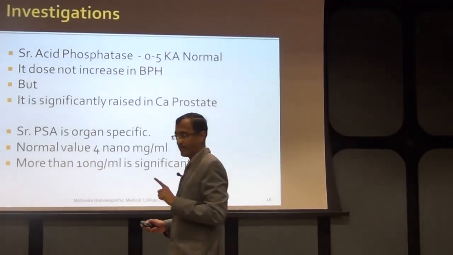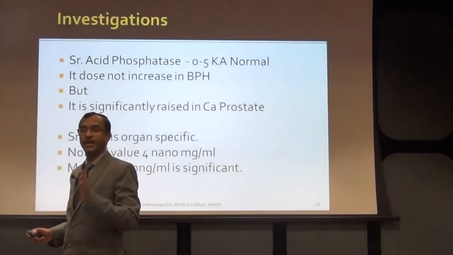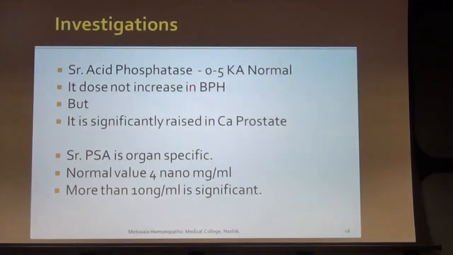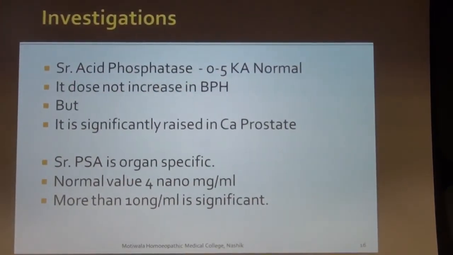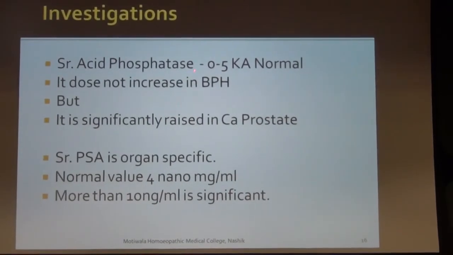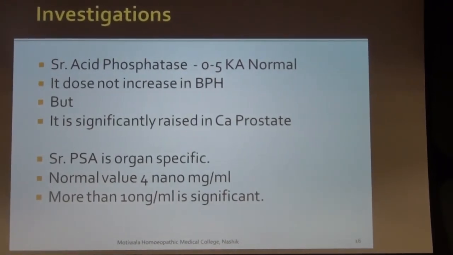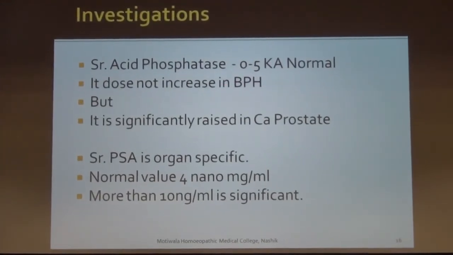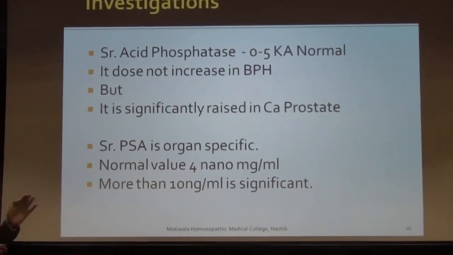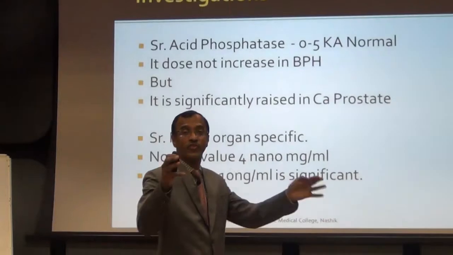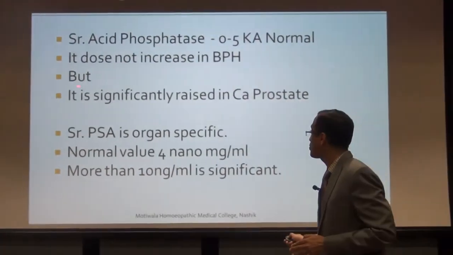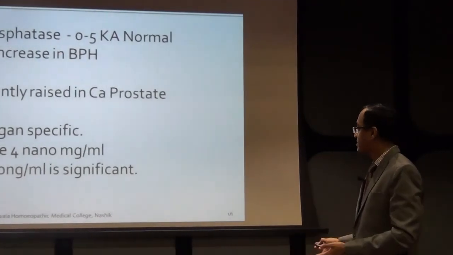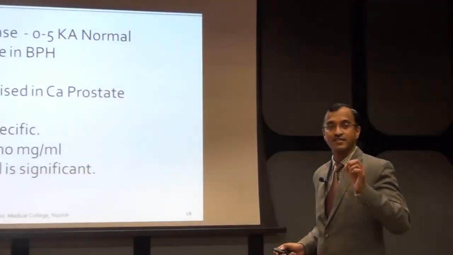Keep this in mind: if I have to differentiate benign prostatic hypertrophy from prostatic cancer, serum acid phosphatase should help you, as it remains normal in benign prostatic hypertrophy. But in carcinoma of the prostate, it is significantly increased.